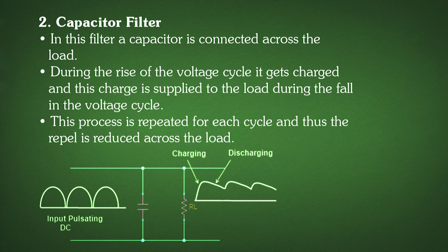What the capacitor does is that when the voltage rises, the capacitor gets charged, and when the voltage decreases, the capacitor discharges, so that at the output from the figure we can see the ripples are reduced. In this way the ripples or the fluctuating elements are reduced using the capacitor filter.